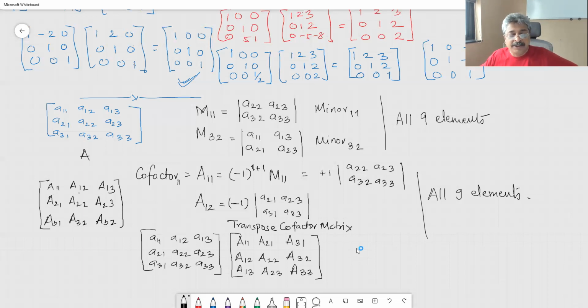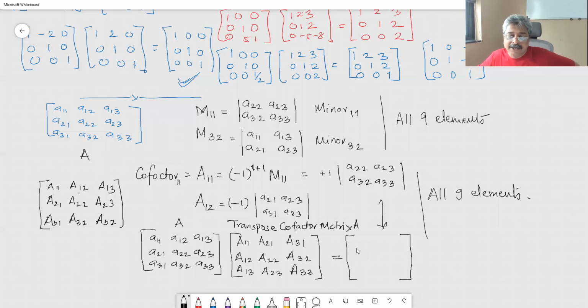You transpose it, interchanging rows and columns of the cofactor matrix, and you get this matrix. Now, if we multiply these two matrices, can you tell me what you will get in RHS? Show me the multiplication of matrix A and the transpose cofactor matrix of A.